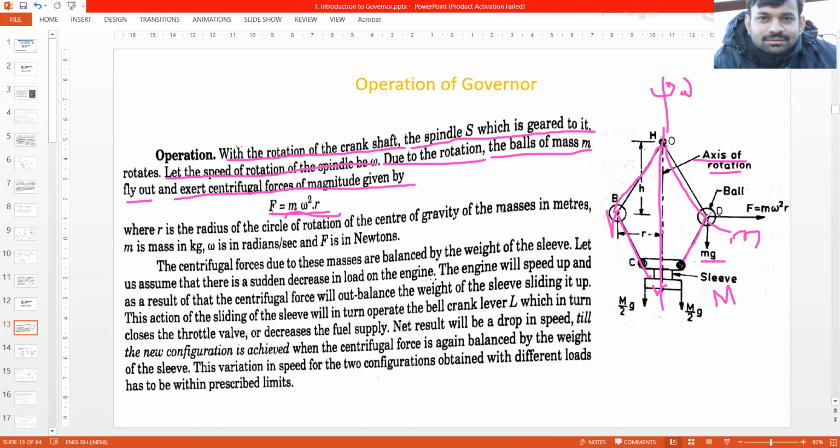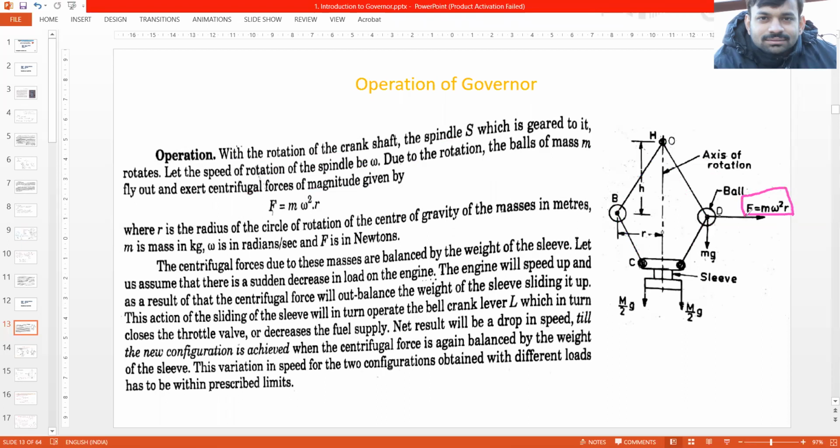So when these balls rotate, they will exert an outward force. Since the spindle is rotating, the arms attached to it will also rotate about this axis of rotation, and since the balls are rotating, they will exert an outward force, which is centrifugal force, and its magnitude would be m omega square r, right? Small m is the mass of the fly balls, omega is the speed of rotation of the spindle, and r is the radius. All right.